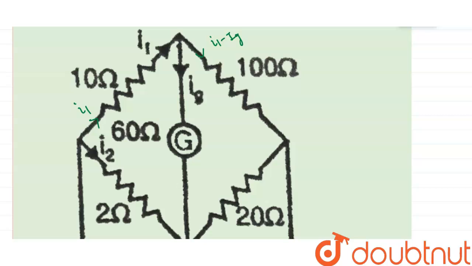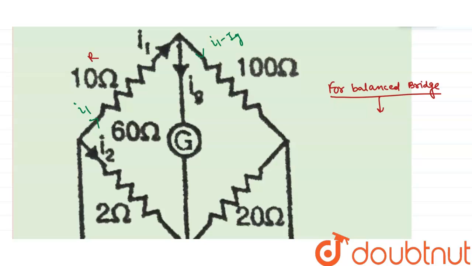Okay, so now as you can see, this is the formation of a bridge. For a balanced bridge there is one condition, and that condition is that the product of the parallel resistances is equal.